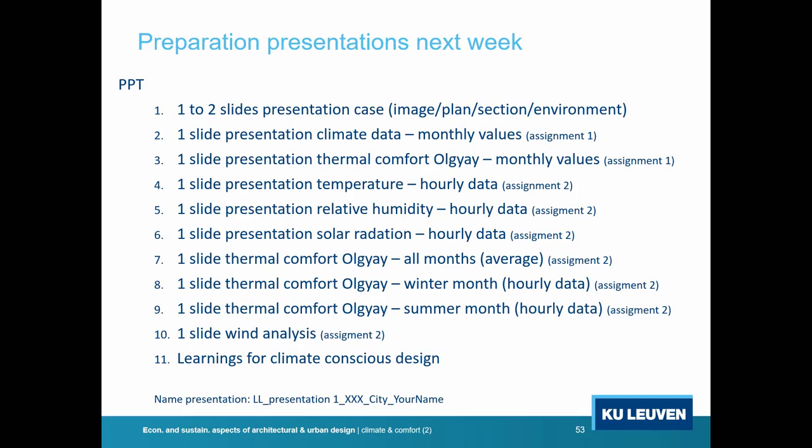So the second assignment. So first you represent the temperature, the relative humidity, and the solar radiation, and then the comfort. First all months, and then the 2 or 1 extreme depending on your context, and 1 slide with the wind analysis, and then your final slide with what you learn now from it for a good climate conscious design in your specific situation.